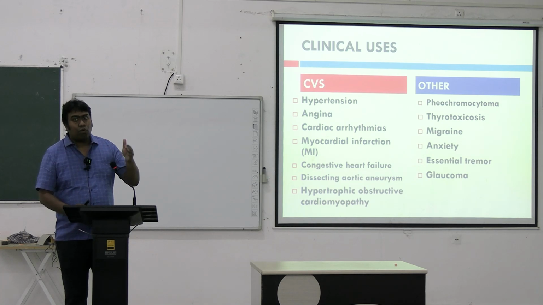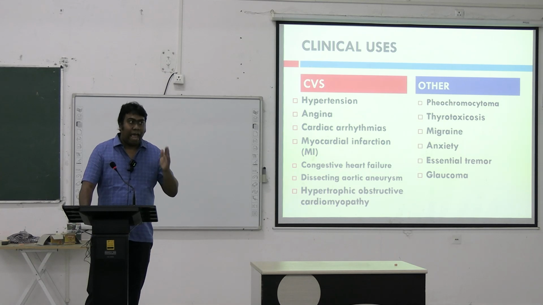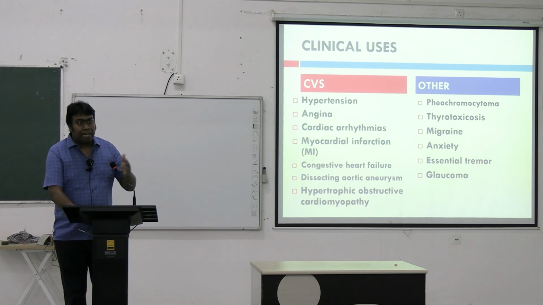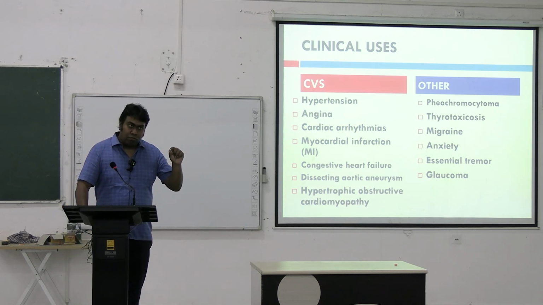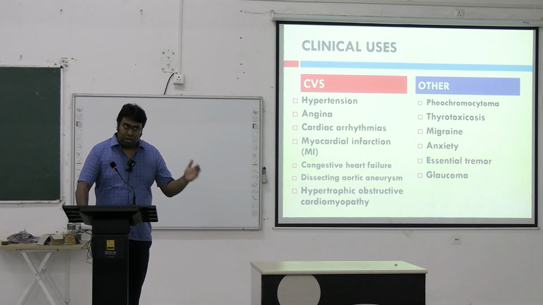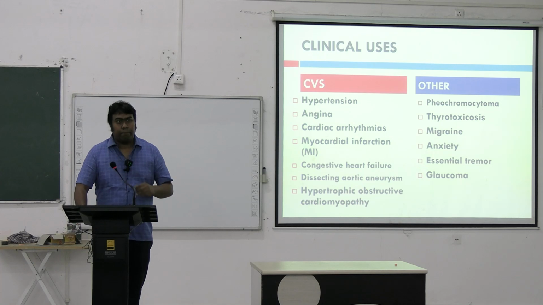If the beta 2 can be blocked, in chronic prophylactic use, not as an acute use in acute attack, they block the beta 2 and prevent the dilatation. So propranolol can be used as a drug in prophylaxis to prevent migraine.